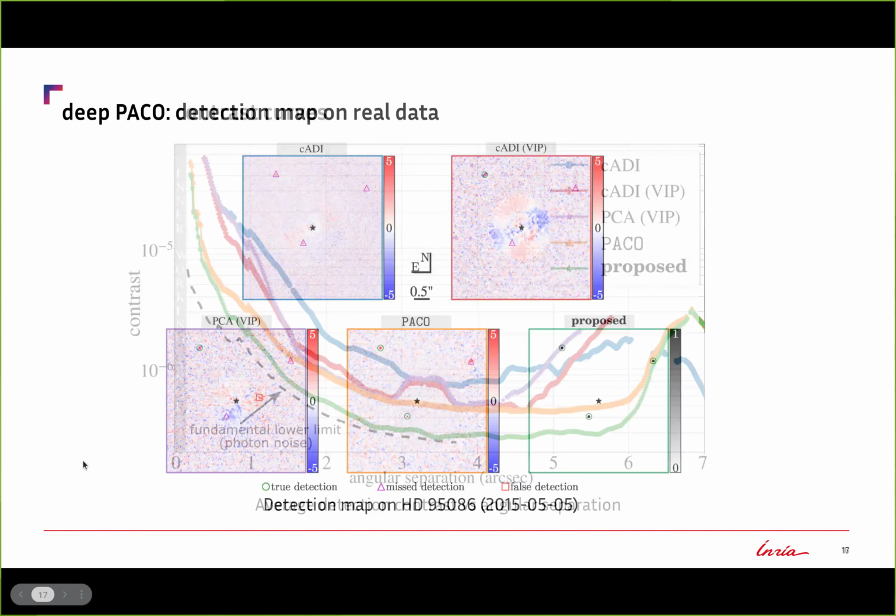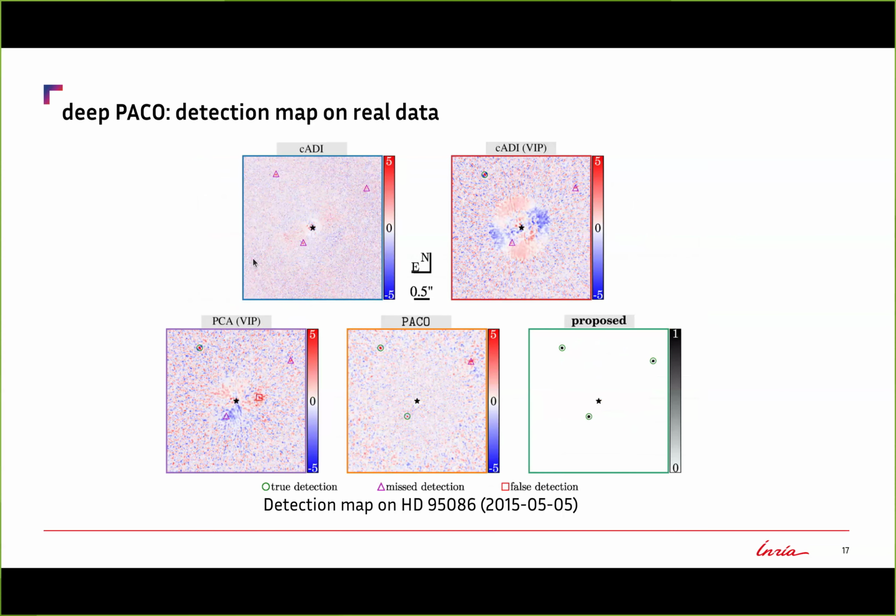So yeah, it works quite a bit better. Here we compare detection maps that we obtain with several methods versus with deep PACO. We see here an example where deep PACO is able to detect exoplanets that were not detected by PACO.